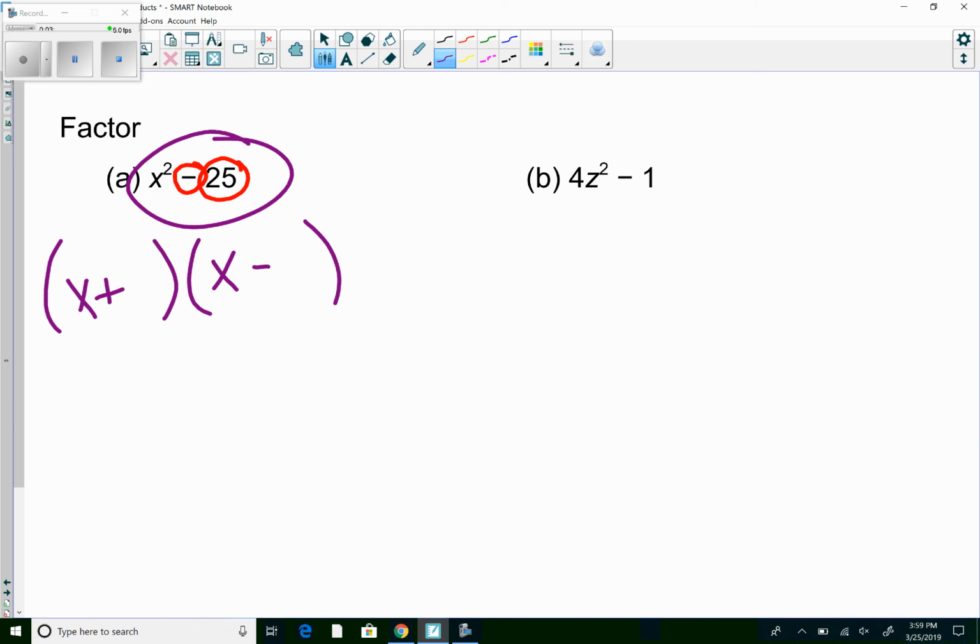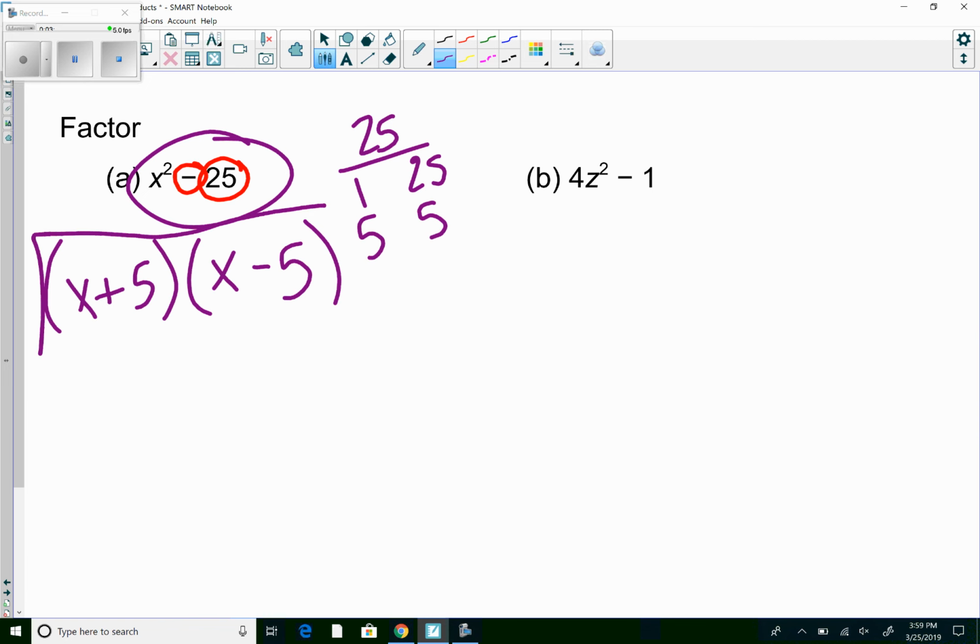I have to have a positive and a negative. Again, 25 is a perfect square. That's 1 and 25; 2 doesn't work, 3 doesn't work, so 5 and 5. That's got to be positive 5 and negative 5. And that's really all there is to it with this example.